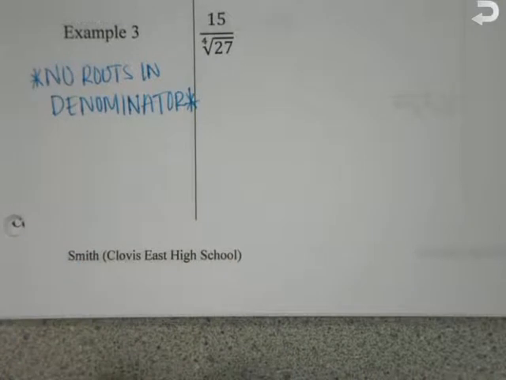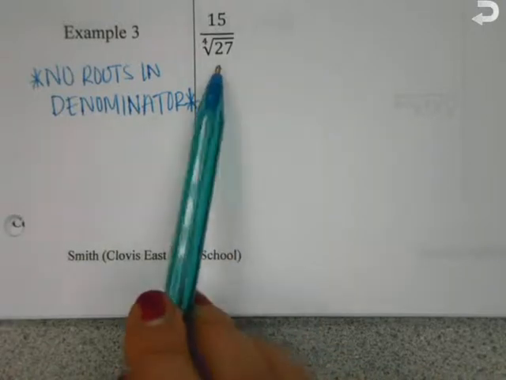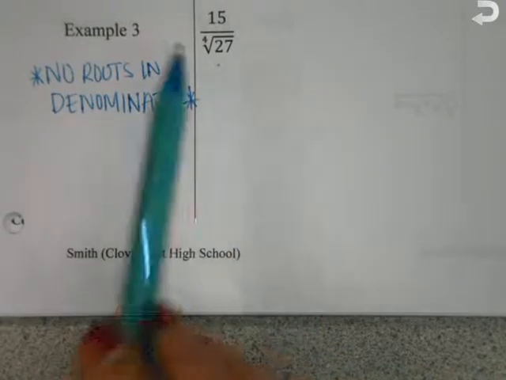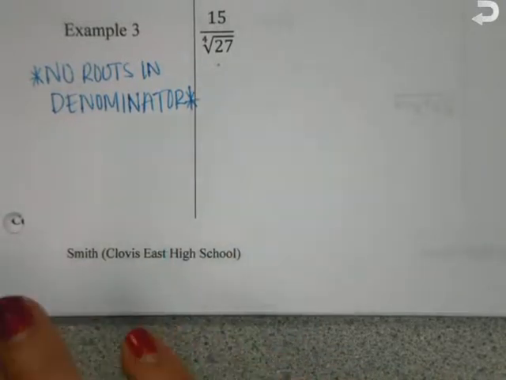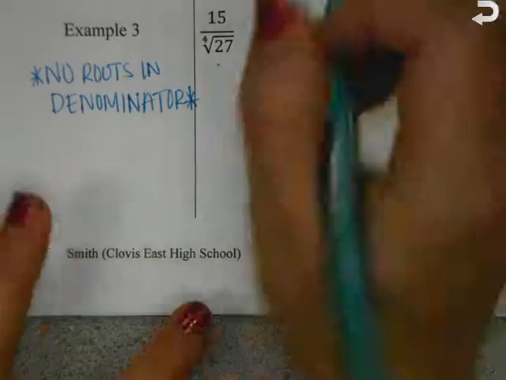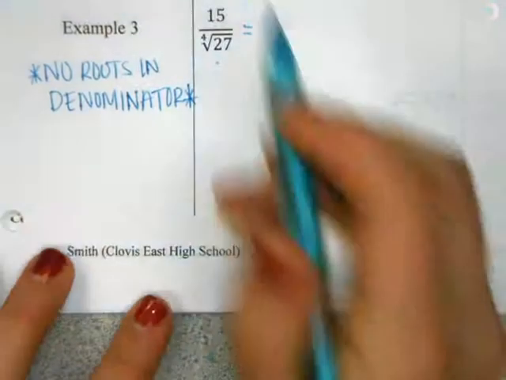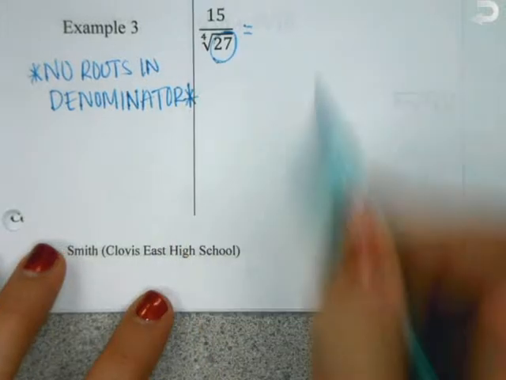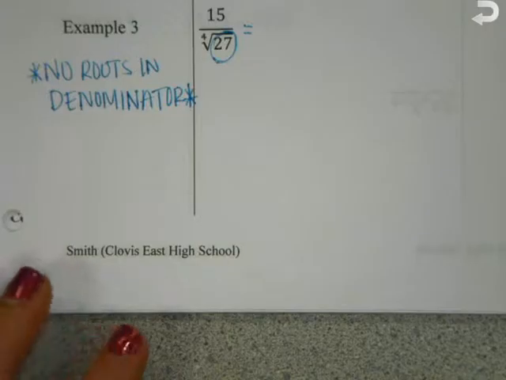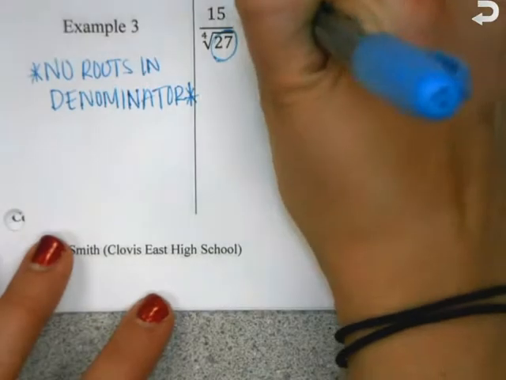But the process is a little bit different for nth roots. The idea is the same, but it's a little different for nth roots. So, what I want us to do first is we need to write 27 in terms of exponents. So this is 15 over the fourth root.